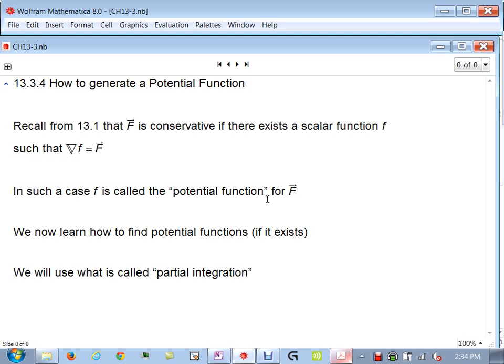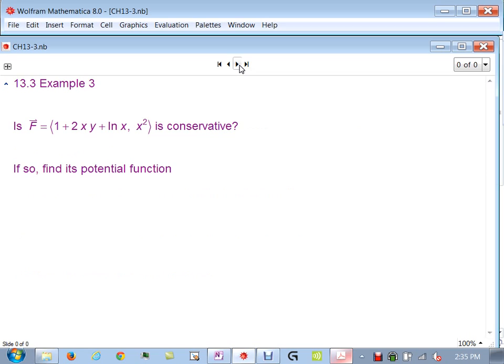That's something we'll spend the next class on, doing partial integration, which we've done before once. I said we'll revisit that, remember? We already know this is conservative, and I need to find its potential function. That's where I'll pick up on Monday.